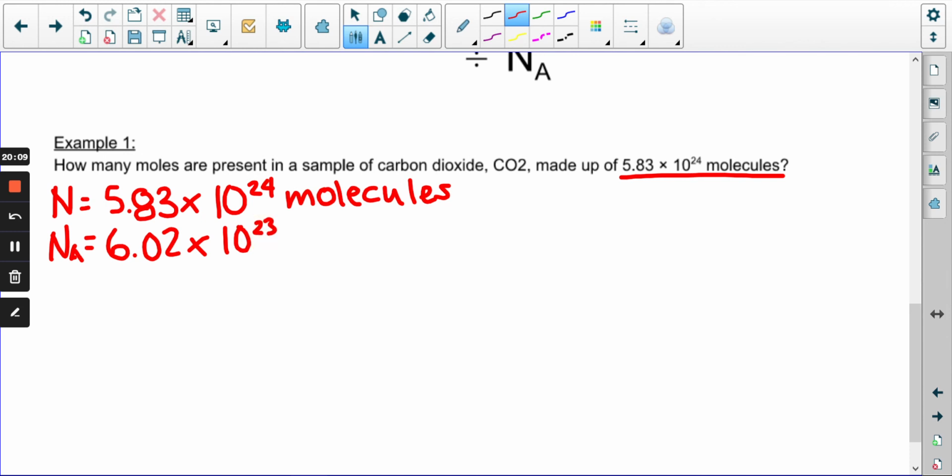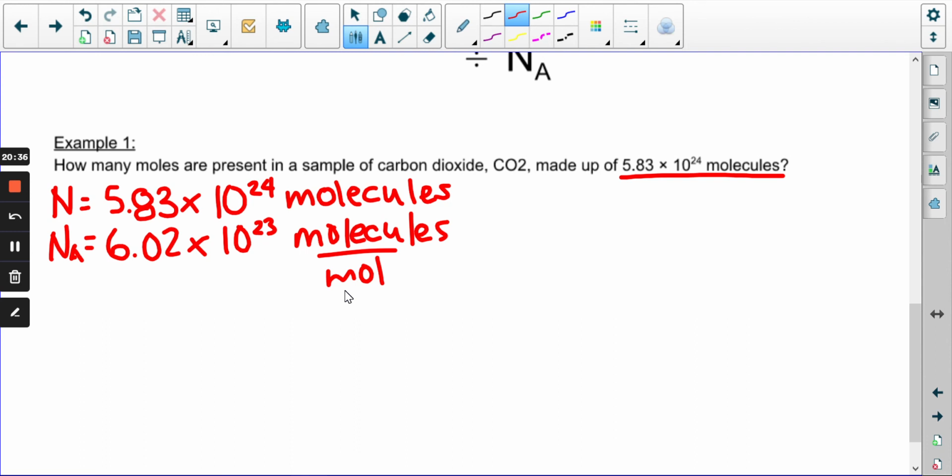Now, what this actually represents, 6.02 times 10 to the 23, does technically have a unit as well. In this case, it's molecules per mole. Again, in 1 mole of CO2, there's going to be 6.02 times 10 to the 23 molecules.